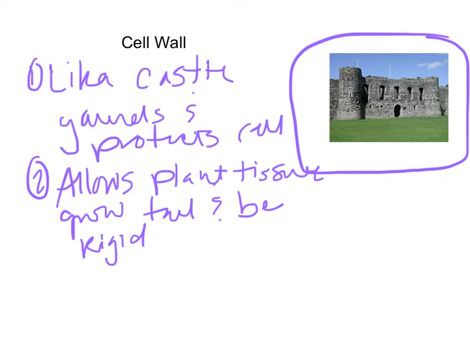So as we wrap this video up, in closing, we have talked about several organelles, including the nucleus, which acts like the brain of the cell, and it gives out the orders and communicates through chemicals.